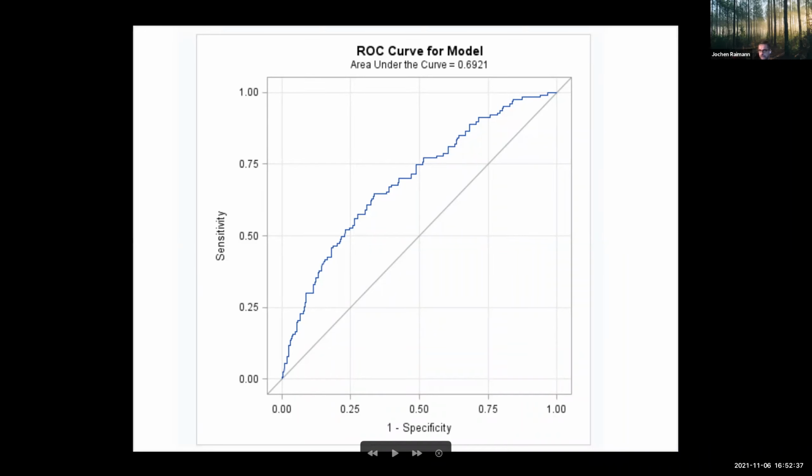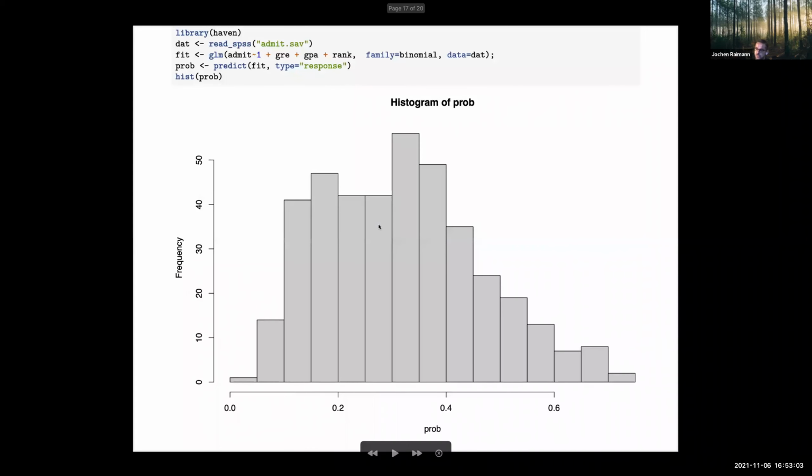Those are those that were classified as positive by your logistic regression model, but they were not admitted to whatever university of interest. So if you depict it in that way, you get here sensitivity as a function of your false positive rate.